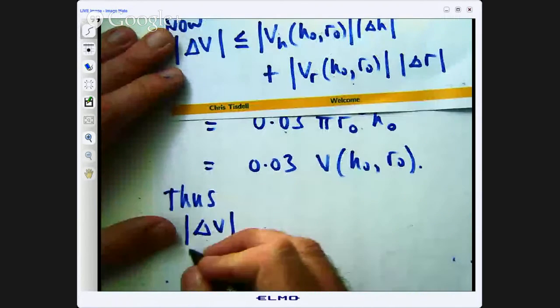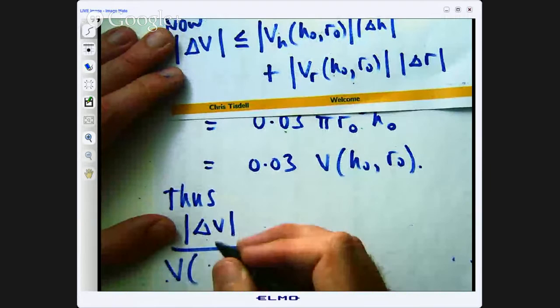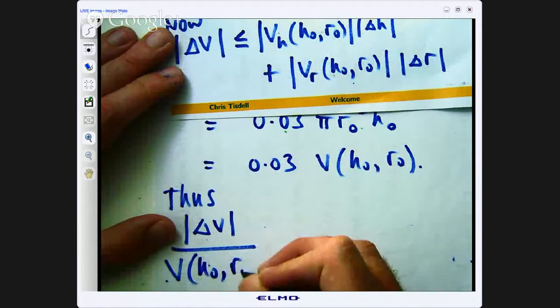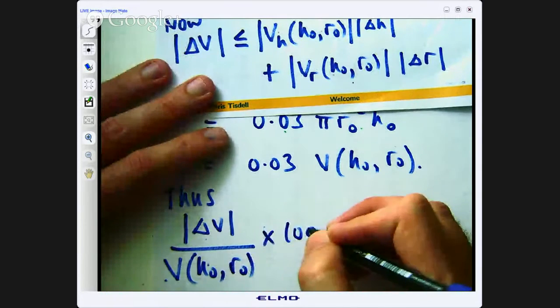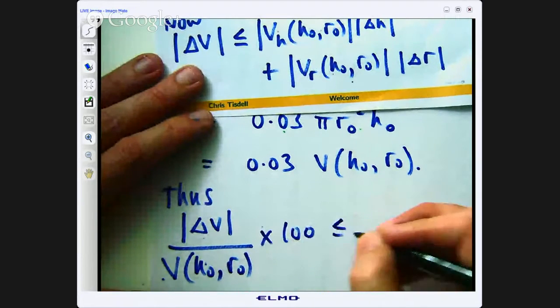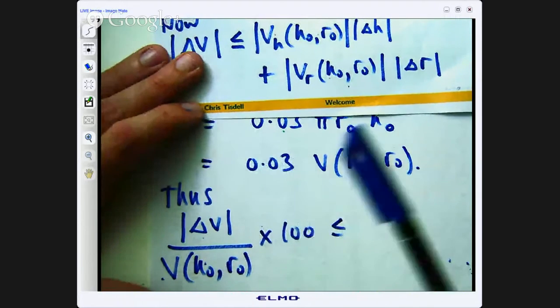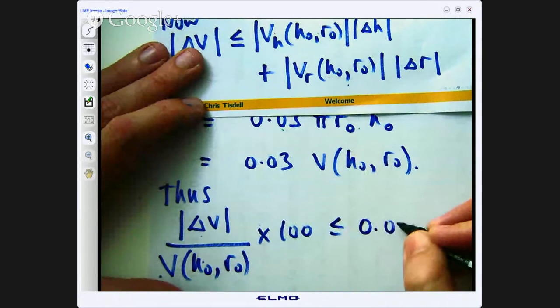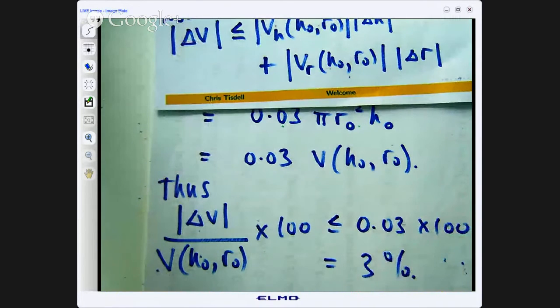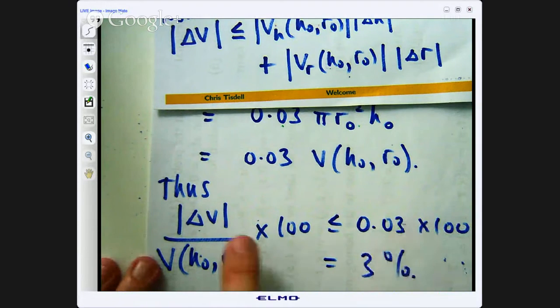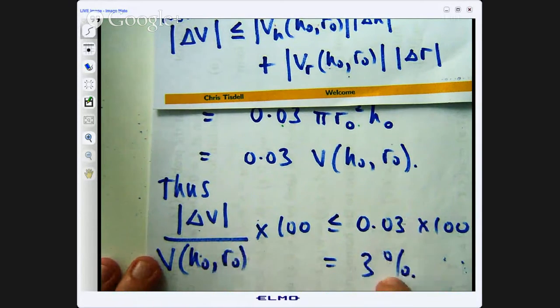Delta V over this, times 100 to give us a percentage, is less than or equal to 0.03 times 100, which is just 3%. Okay, so an estimate for the maximum percentage error in our computed volume is 3%.